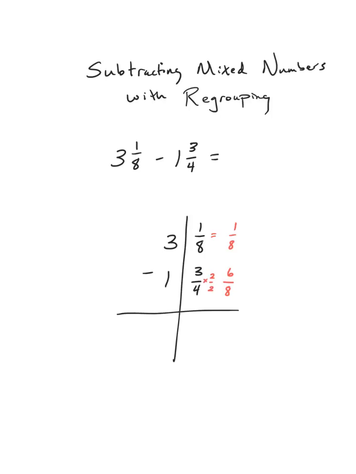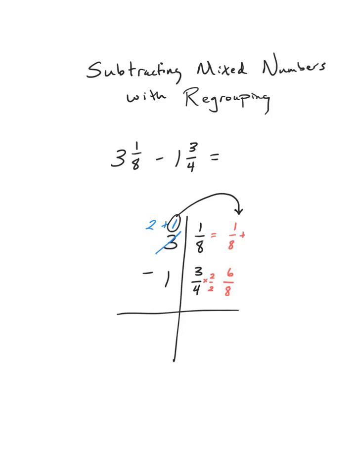Well, I can't do that without getting a negative answer, so I'm going to do some regrouping. So this 3 over here is going to become 2 plus 1, and then I'm going to take that 1 whole and move it into my fraction column. I already have a fraction there, so I'm going to have to add it to the fraction I already have.